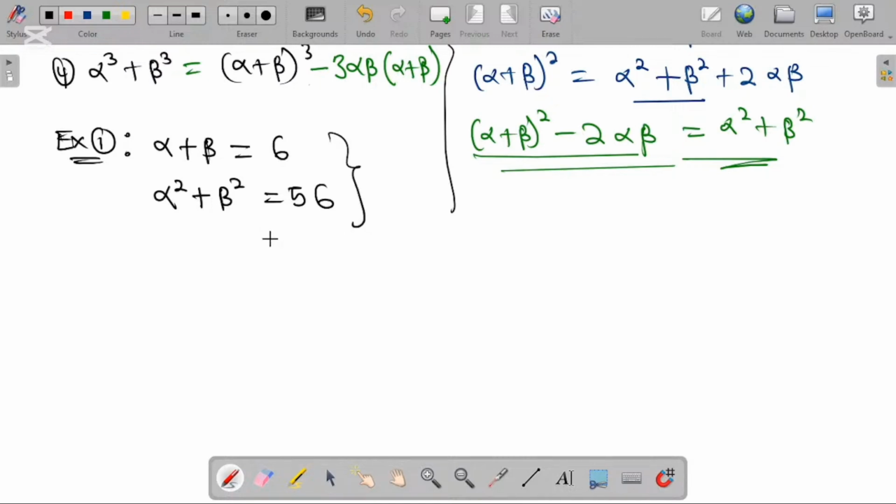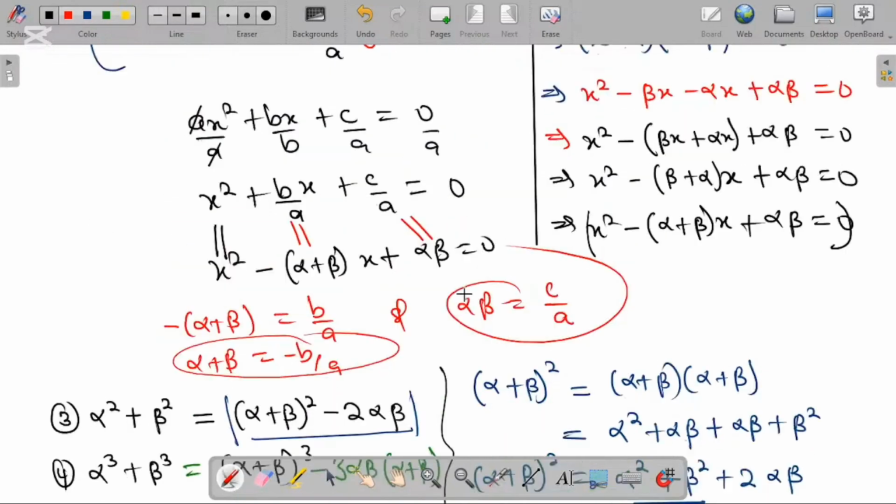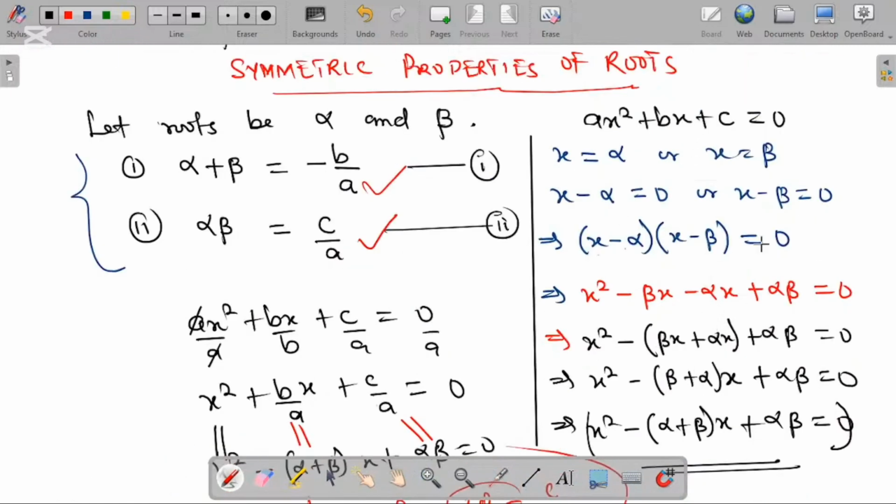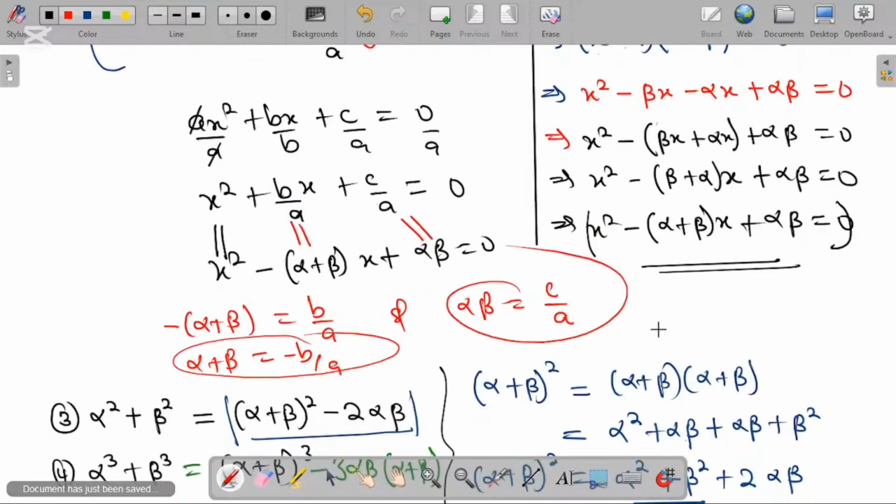So first of all, let's get back to what I showed you here. We actually use this formula to form quadratic equations when the roots are given. That's if you do not want to follow the process I followed here when I wrote x equal to 2 or x equal to 3 and then transposed to the left hand side, open bracket, all those things. If you don't want to stress yourself doing all of that, you can just use the formula.